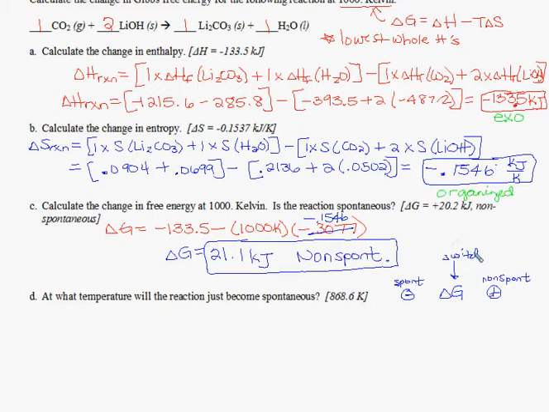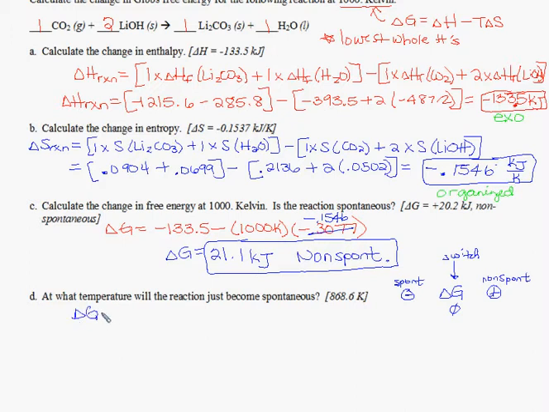If you're thinking like math or graphing, hopefully you thought of the number 0. So it turns out that if you want the reaction to switch in spontaneity, you calculate the temperature at which delta G will be 0.